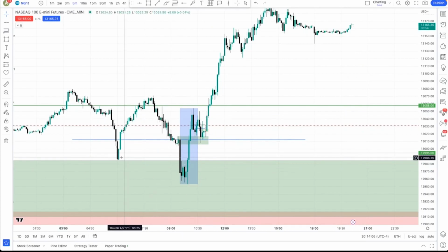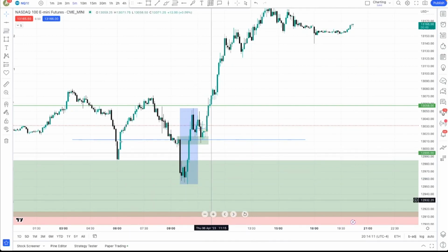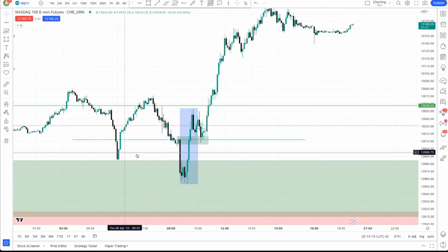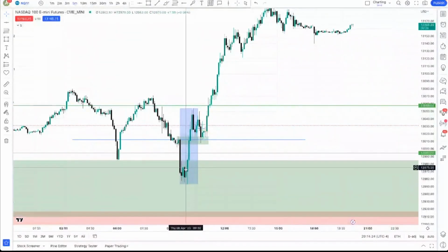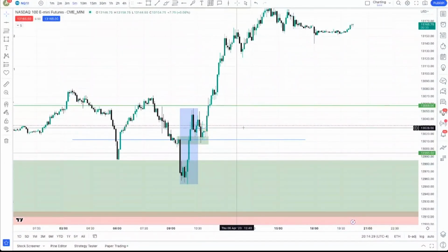Here, this would have been a mitigation block. So if price ran up to here and rejected, that would be a bearish mitigation block holding. But what does it do? It rips through that area. It's saying nothing bearish is going to hold. That's what this tells you right here. And so you want to identify the PD arrays and how price is responsive around them.